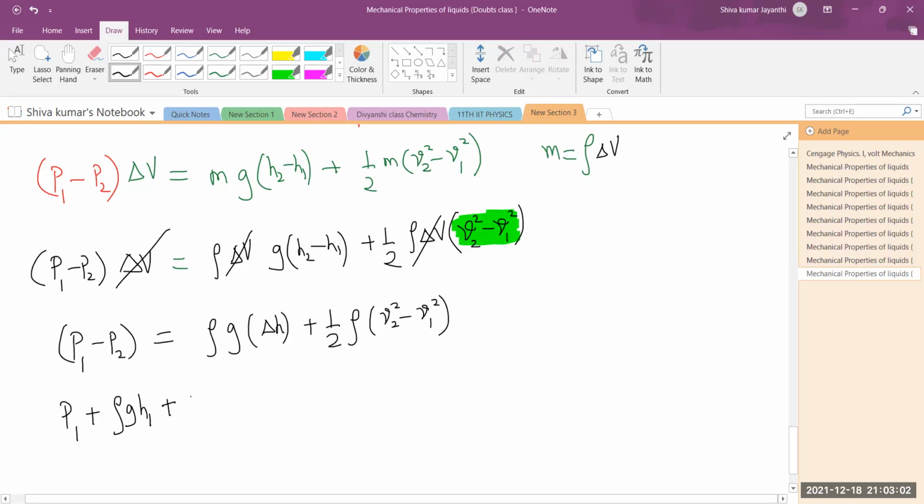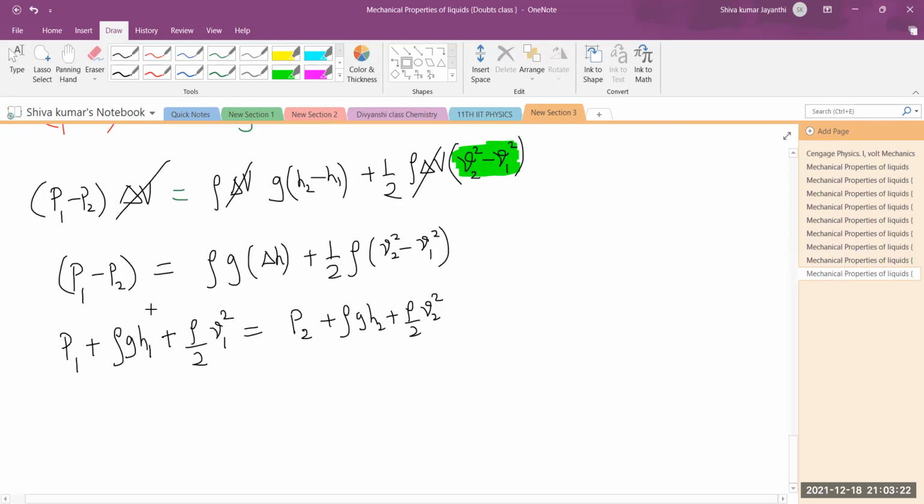So what will you get? Rho by 2 V1 square. This side, P2, take it that side: P2 plus rho g H2 plus rho by 2 V2 square. Understood this?